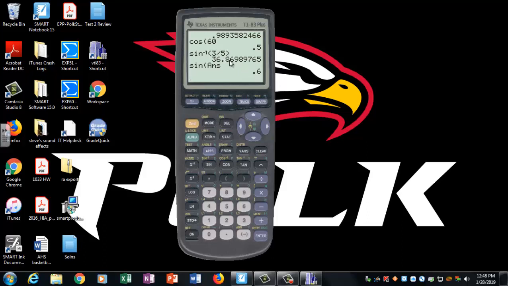Now, that tells me the angle in quadrant 1. That gives me the answer in quadrant 1.